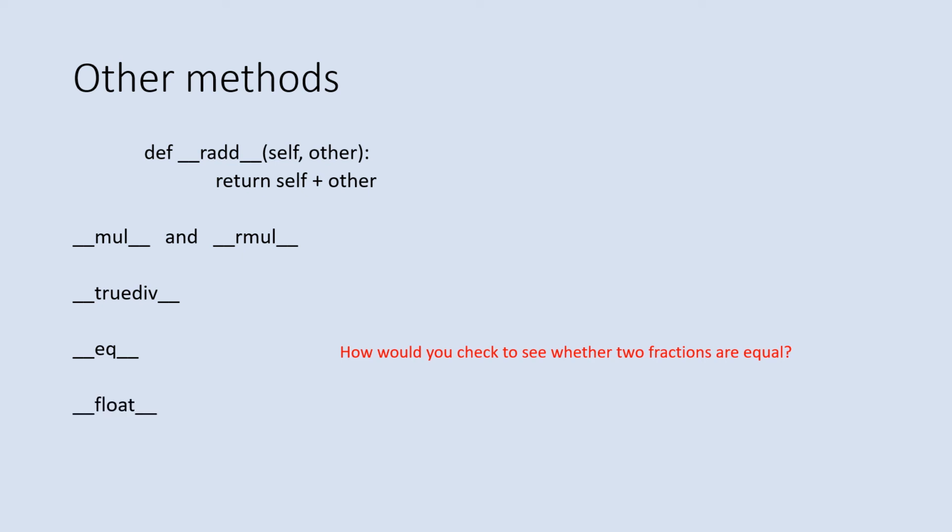One way would be to convert them to numerical values, which you can do by using the dunder float method. You think, okay, I know the numerator and the denominator, so what do I want to return? I want to return the numerator divided by the denominator. But the issue with equality then is, what happens if these are floating point numbers and for some reason the values have a slight difference somewhere?